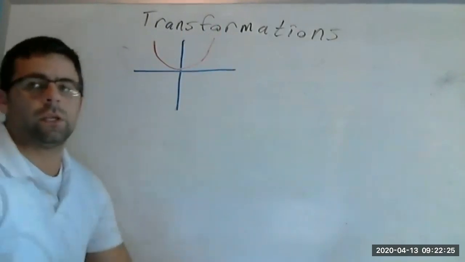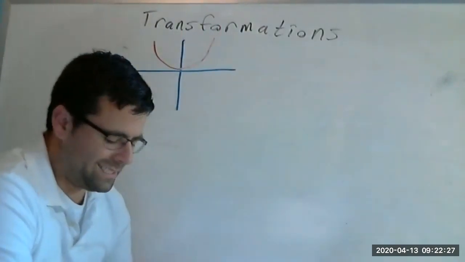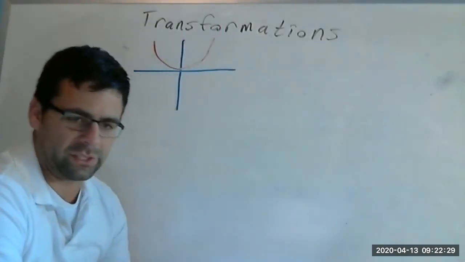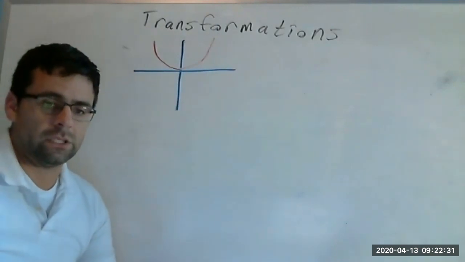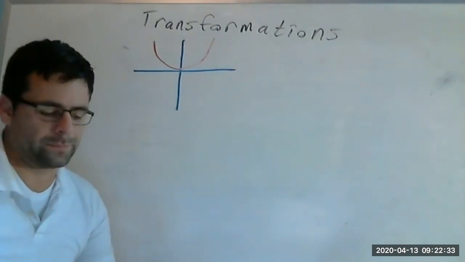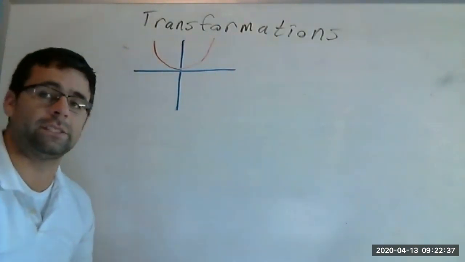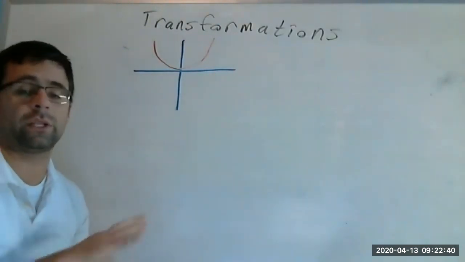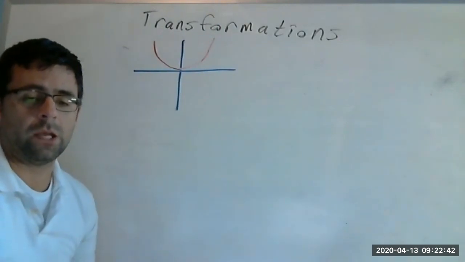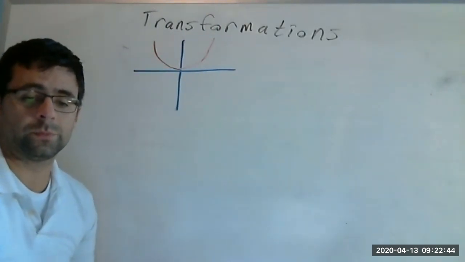So this next kind of transformation that we're going to talk about, as far as physically doing it, is not as easy as pushing the thing up or down or left or right. But mathematically, it's very simple.